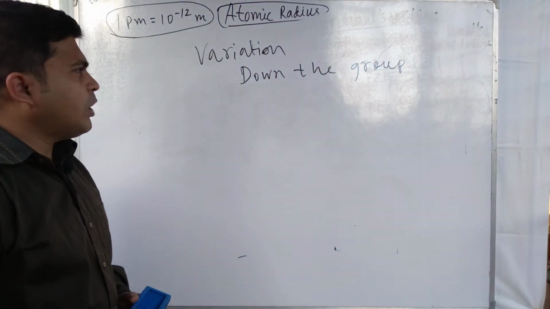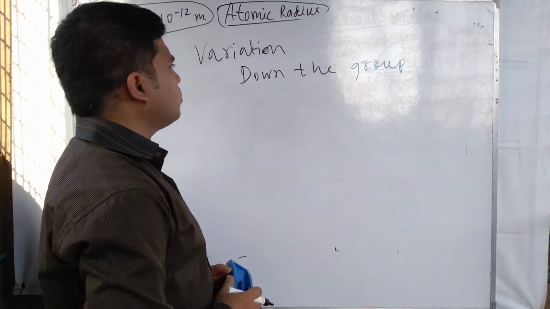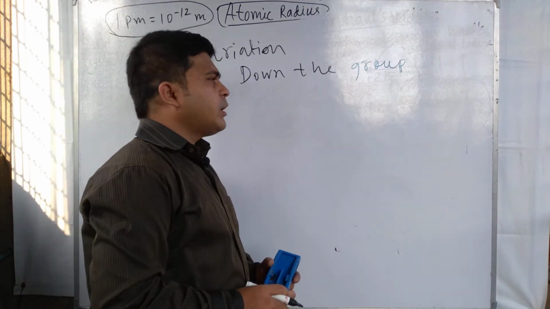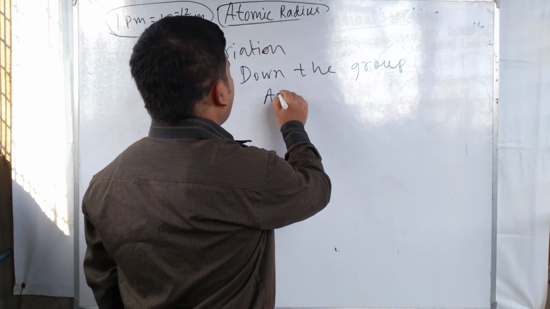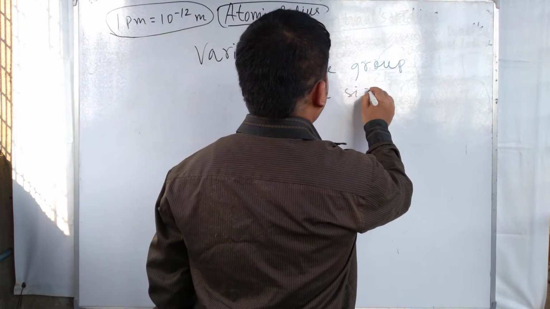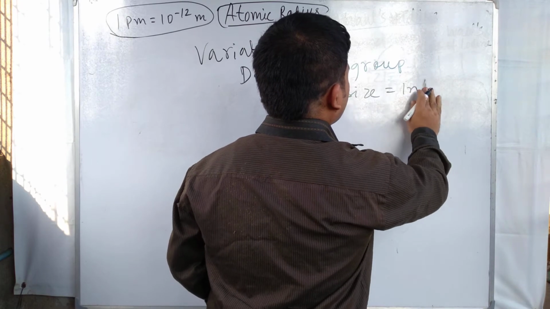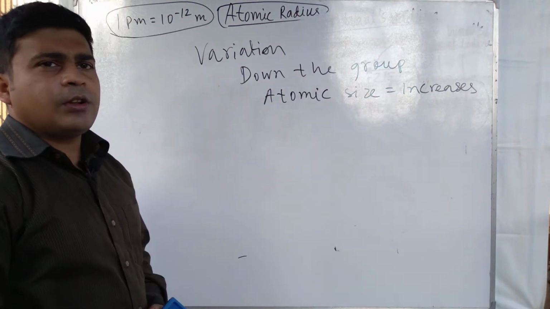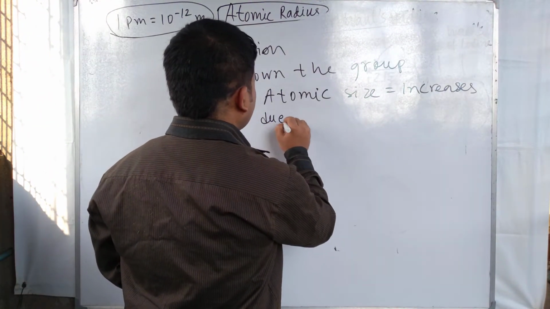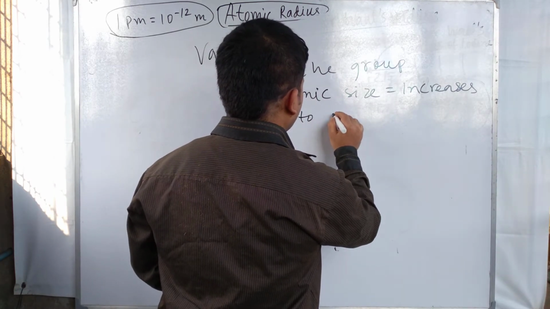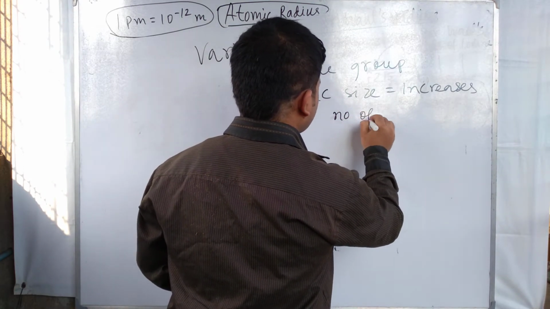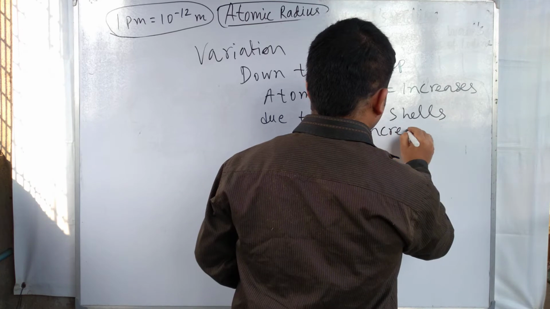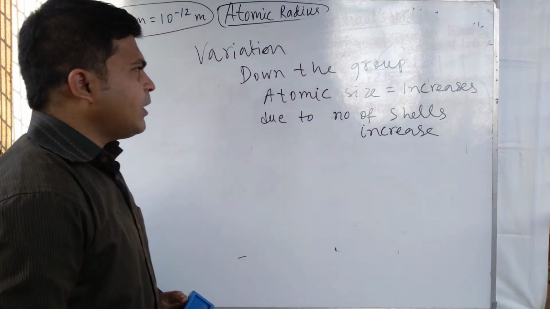Down the group of the periodic table, in any group of the periodic table, out of the 18 groups, atomic size increases due to the number of shells increasing.